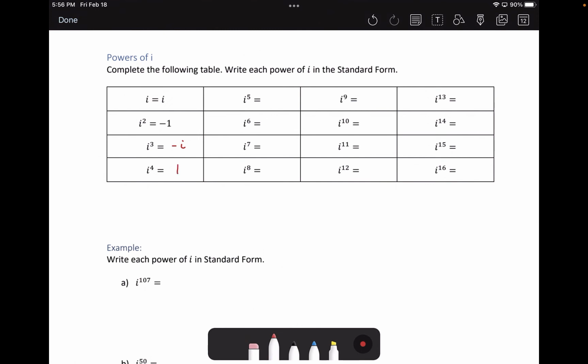And if we multiply by i again, we get i to the 5th, which is simply i. If we multiply by i again, we get i to the 6th, which is the same thing as i squared, negative 1. And you can see a pattern forming. It's going to repeat every 4 powers of i.